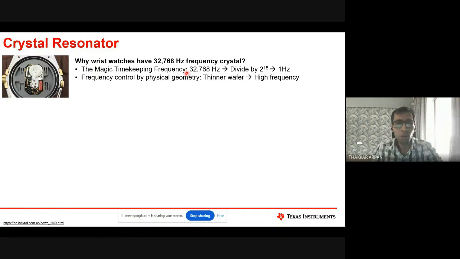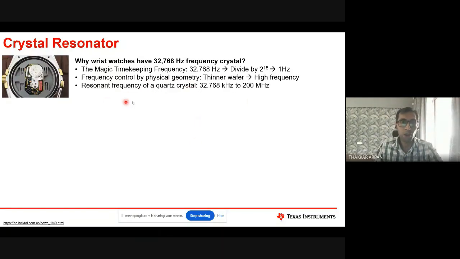Now, how do we modify the frequency of the crystal? It can be 10 megahertz, it can be 1 megahertz. If you take a crystal, it's a material, and if you make it thinner and thinner, you can go to higher and higher frequency. So what frequency you want is determined by the physical geometry of the crystal.